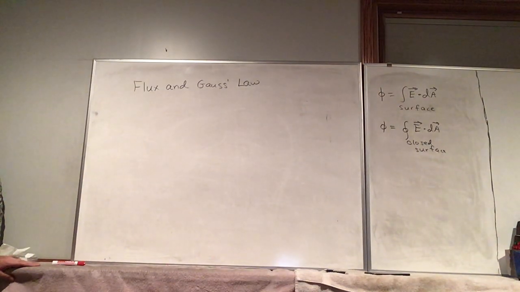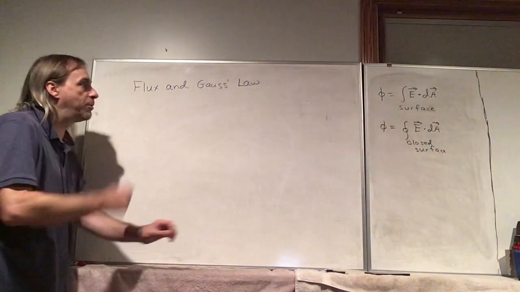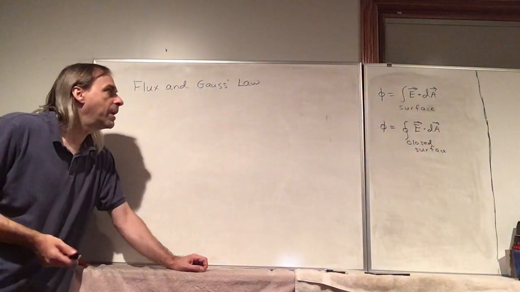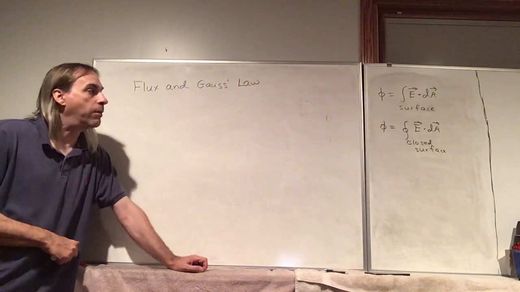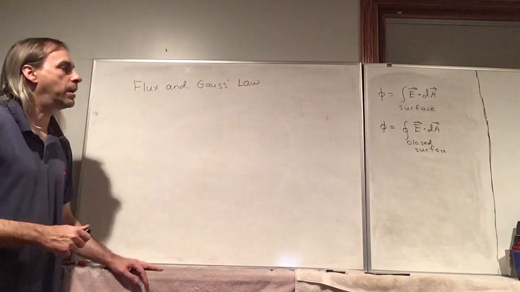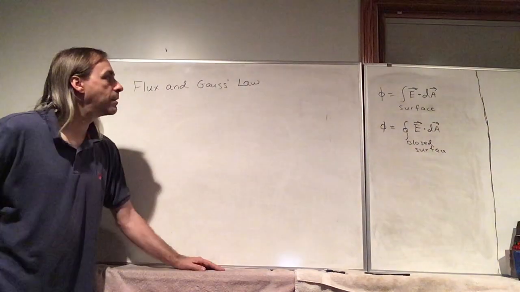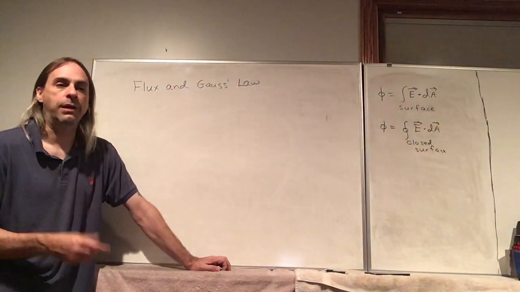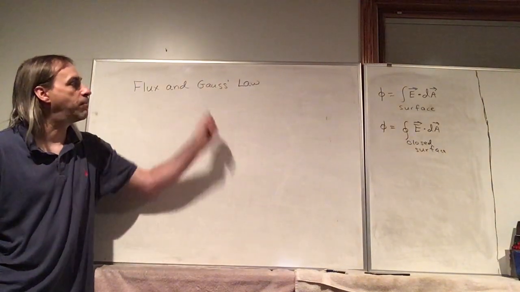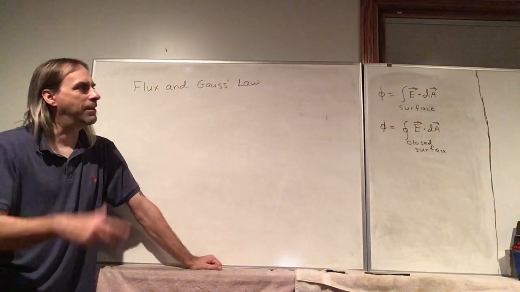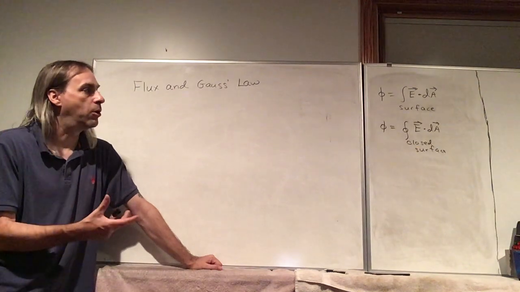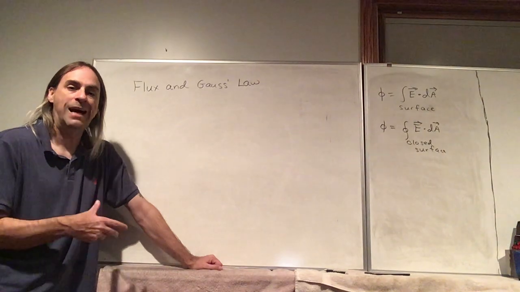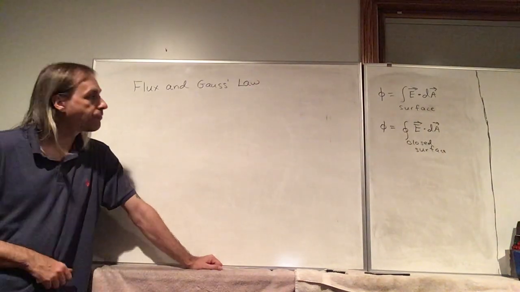Now, you might have heard of Gauss before. I hope you have. He's one of the greatest mathematicians of all time. He was also a physicist as well. He did a lot of work in all sorts of areas, like number theory. I think his most important work was probably in complex analysis, and he was also one of the first mathematicians to work on something called non-Euclidean geometry.